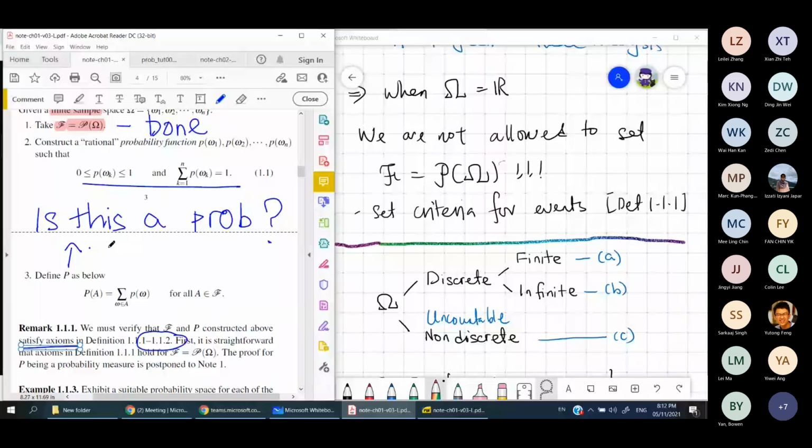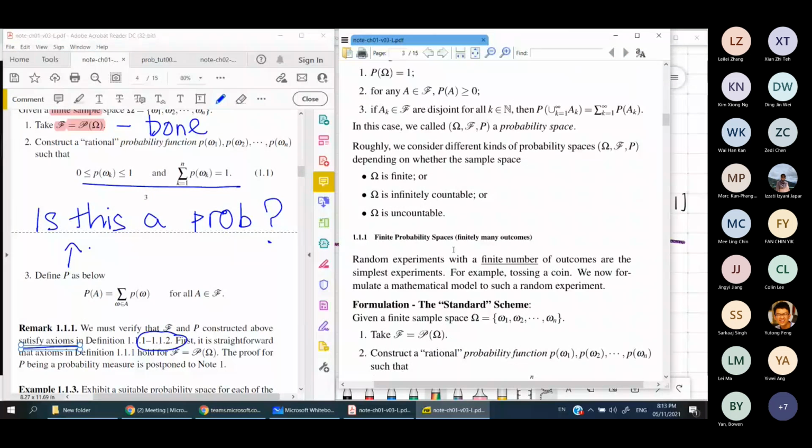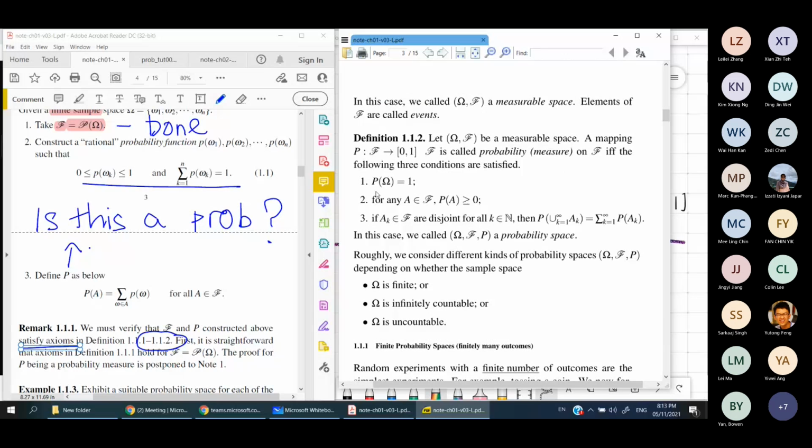Before we proceed, we have to verify and make sure it fulfills the three criteria in definition 1.1.2. Once we define this, we have to make sure it fulfills these three properties here. 1, 2, 3.